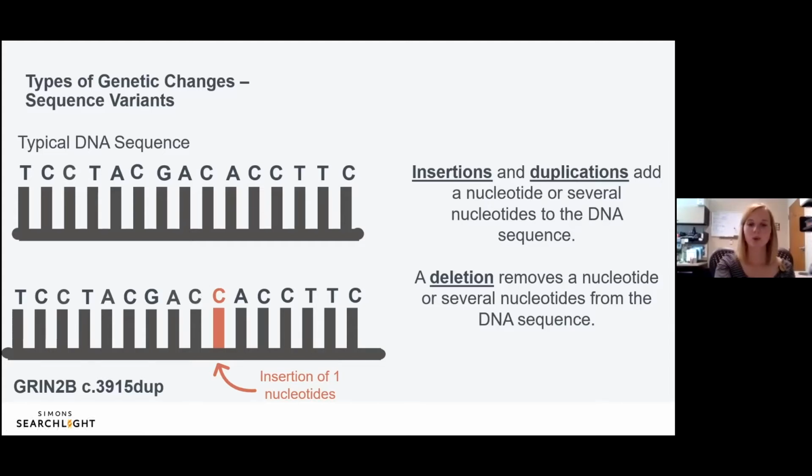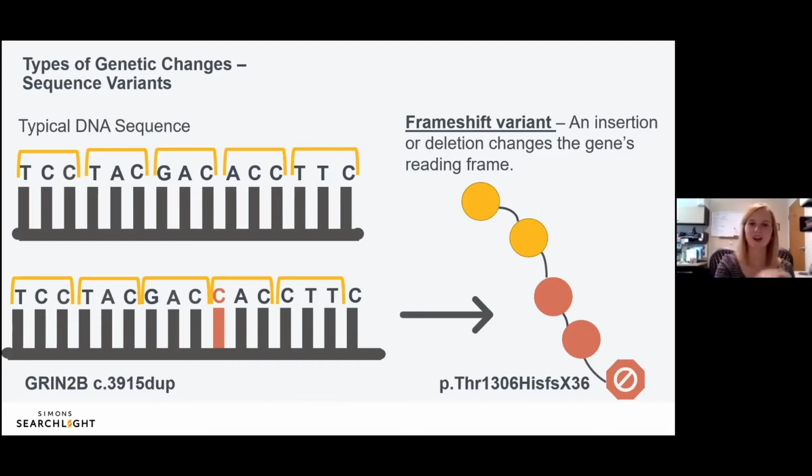Now, this is important in thinking about those clusters of 3 letters that ultimately make our proteins. Because what these insertions or deletions do is they shift those 3-letter groups. So while at the top, the next groups of letters were ACC and then TTC, you can see that our groups down here make different letters.